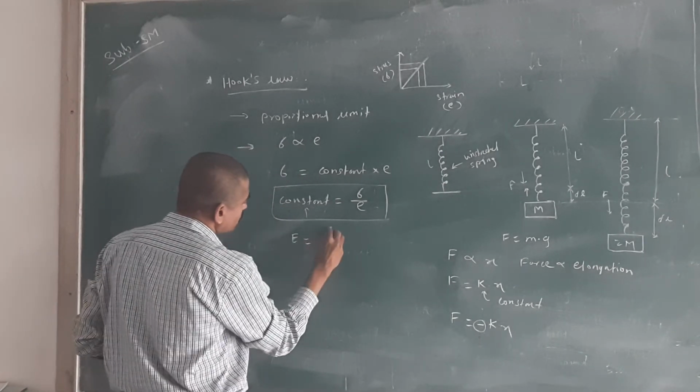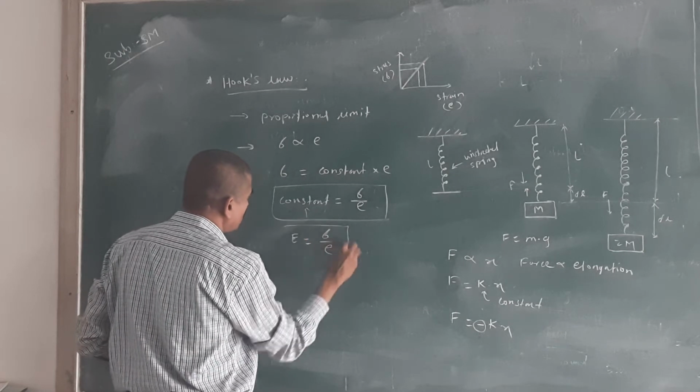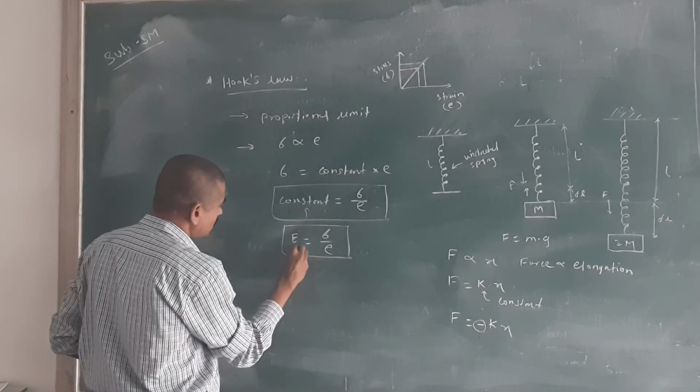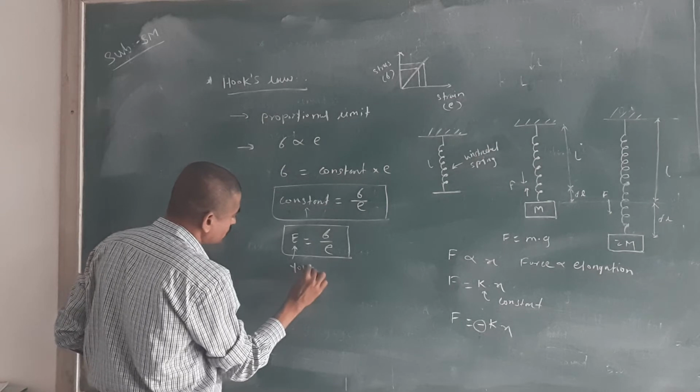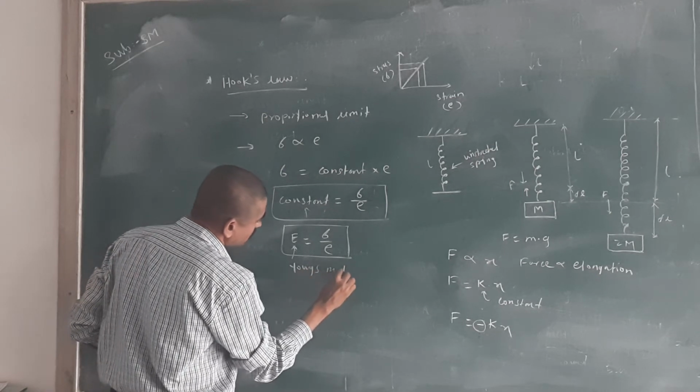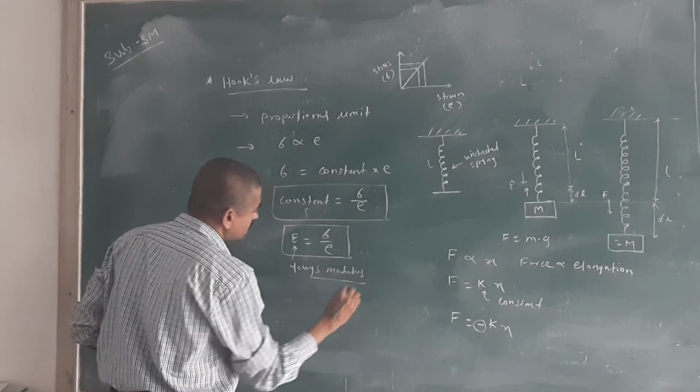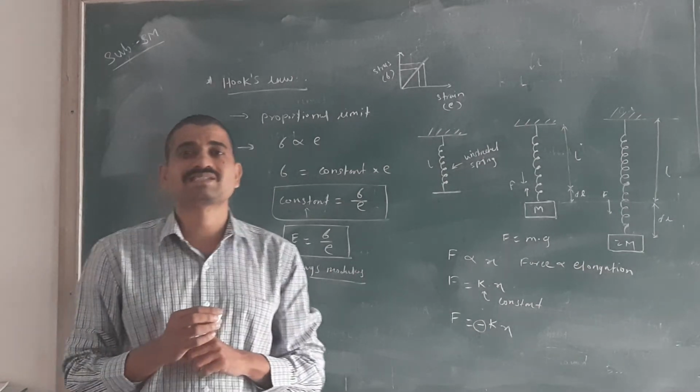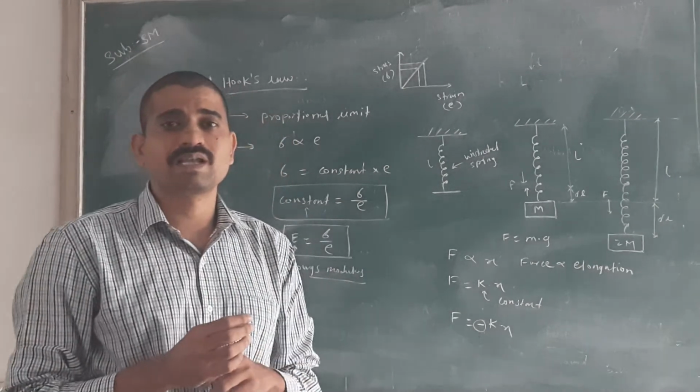E is equal to sigma by epsilon. What is the E? E is the Young's modulus. It is also known as the modulus of elasticity.